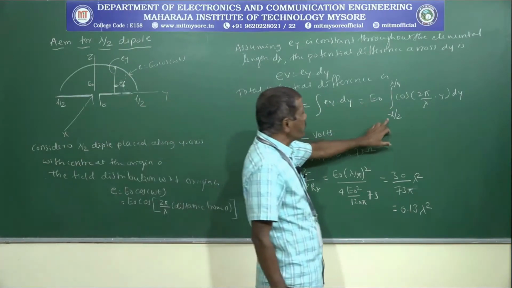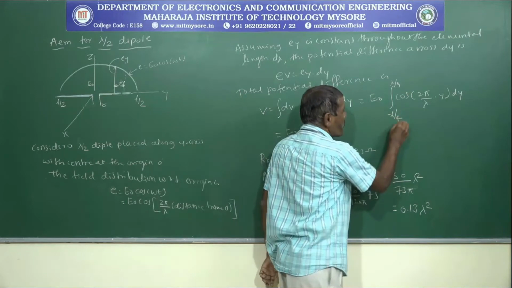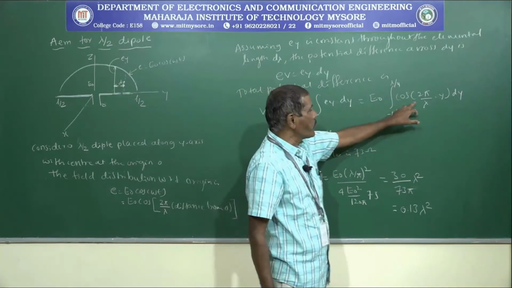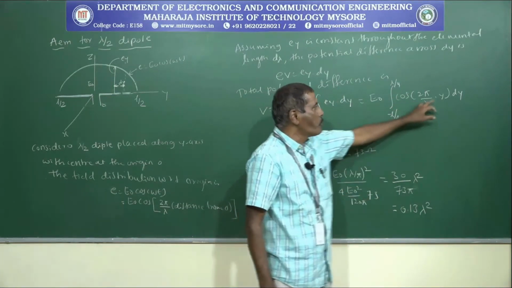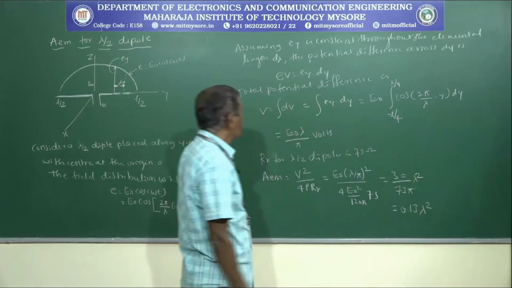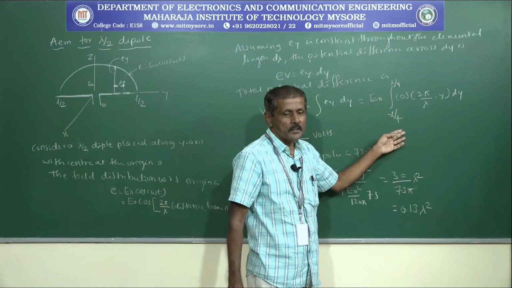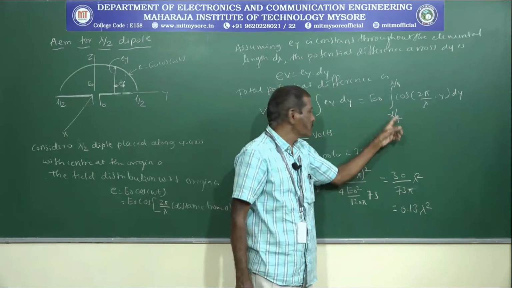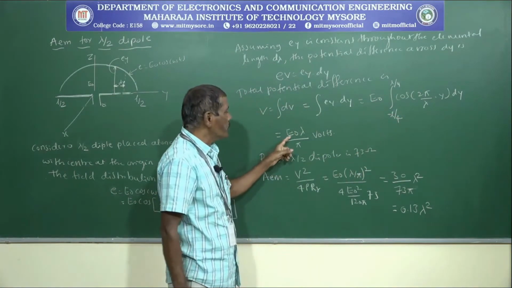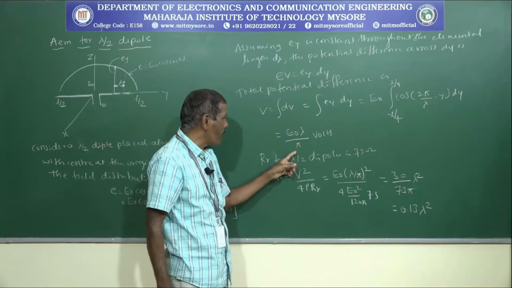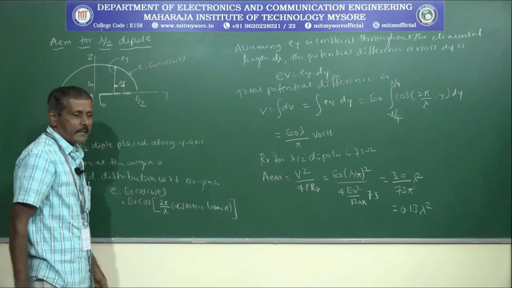This is equal to the integral from minus L by 4 to plus L by 4 of E0 cos of 2 pi by lambda y into dy. If you integrate this equation and substitute the values, you will get V equal to E0 into lambda divided by pi volts present in the antenna.